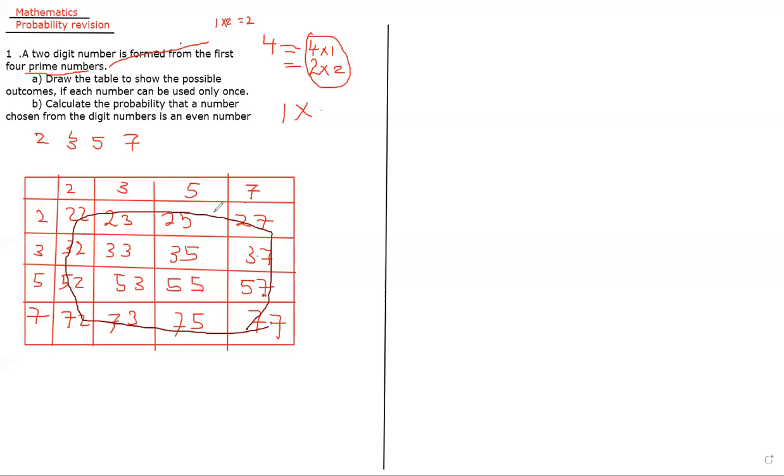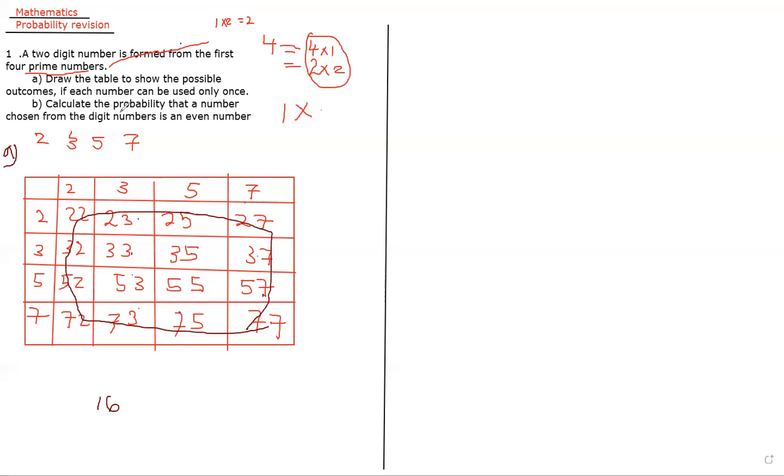That is 1, 2, 3, up to 16. You don't count the outward prime numbers. These ones are excluded. So the total outcome here, we have 16 outcomes. The first part A is answered.